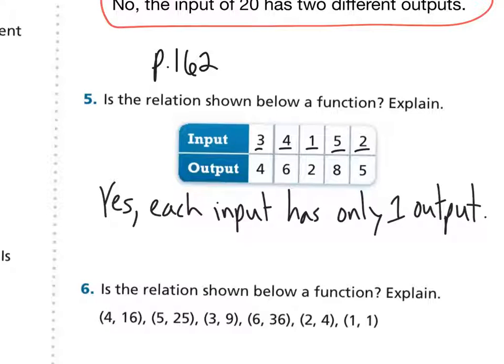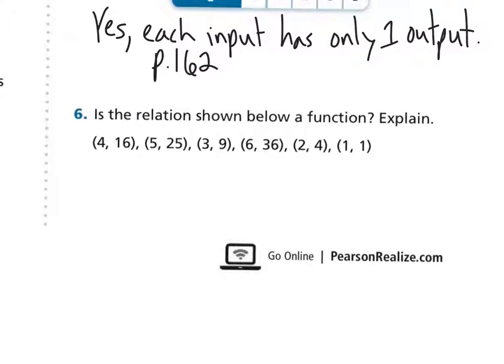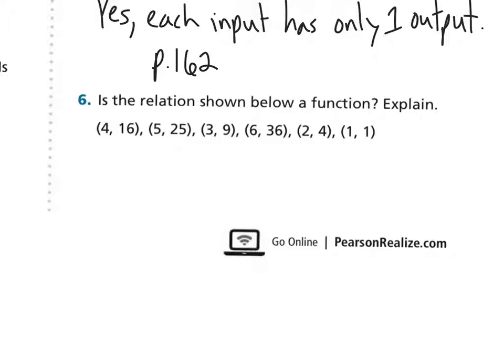So we could say, yes, each input has only one output. And then number 6, look at your x's first of all. So altogether we've got a 1, 2, 3, 4, 5, 6. And so yes, that would be a function also.